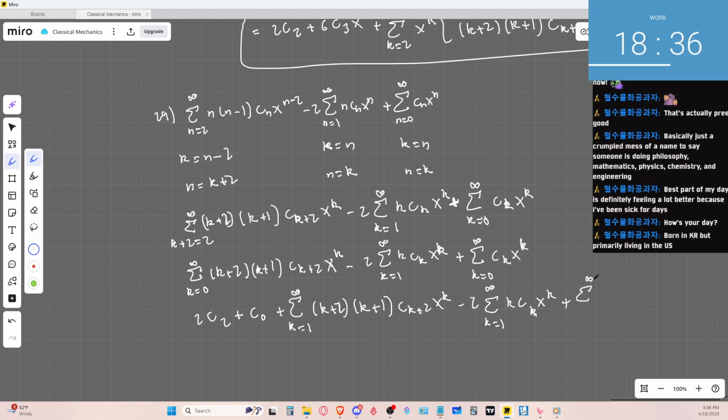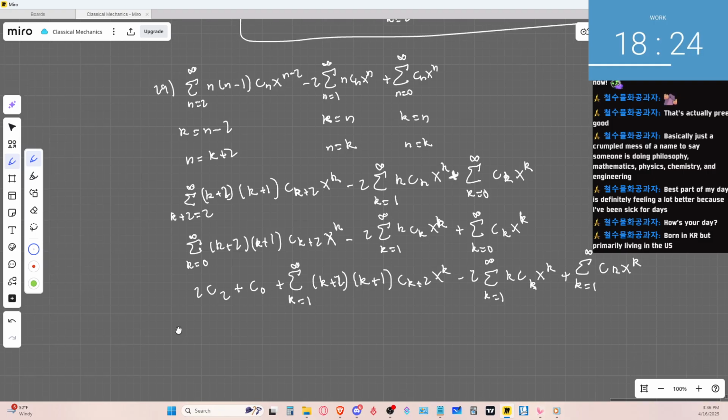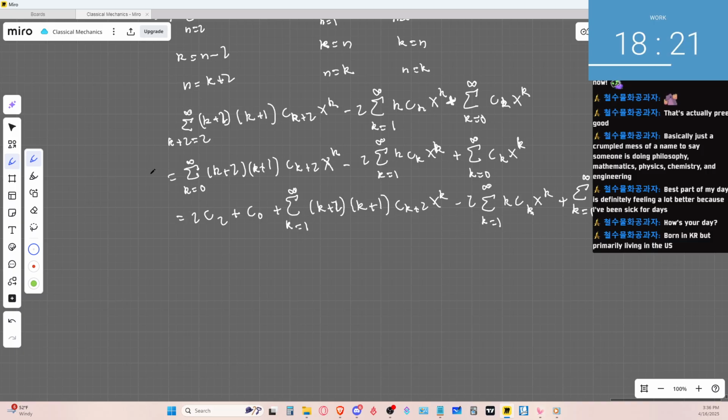And then we write this, and equals 1, and then okay. Now we continue on. I forgot to put equal signs. Okay, so 2C2 plus C1, and this is all equal to 1. And I think we can just factor out the x there.